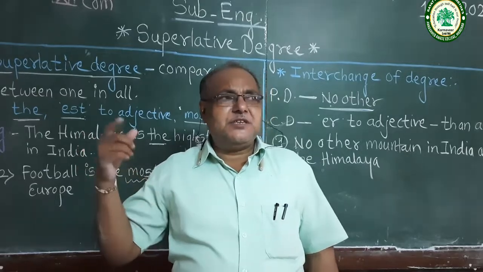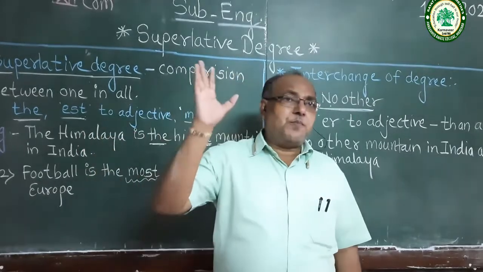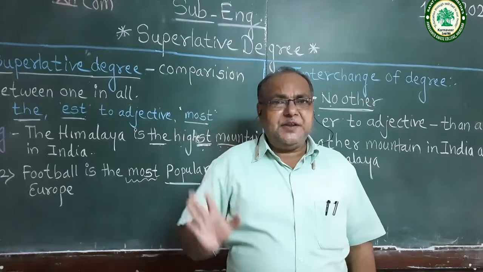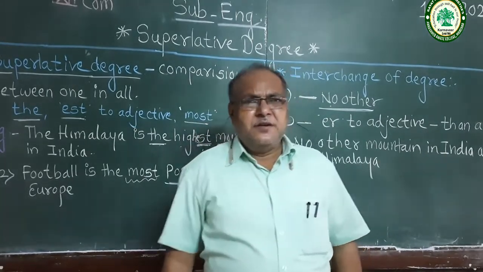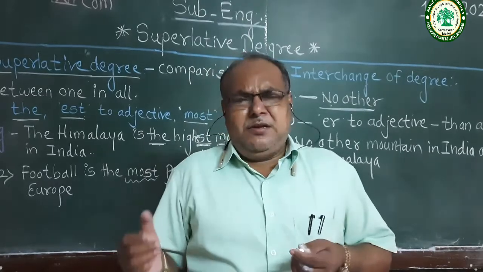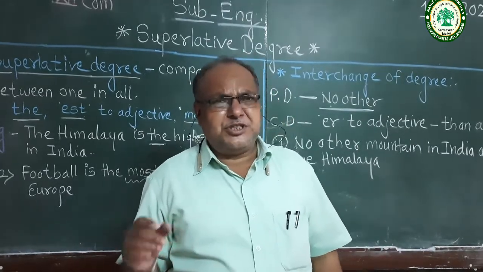And in the last lecture we discussed the features of positive degree, and how we can identify a positive degree in a given sentence. Remember, once again I repeat these things.